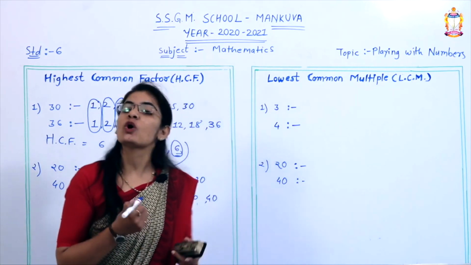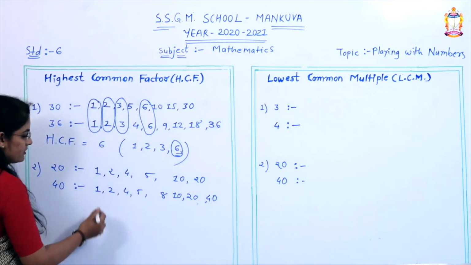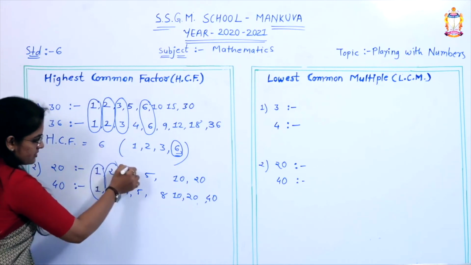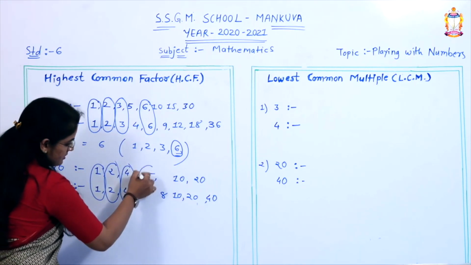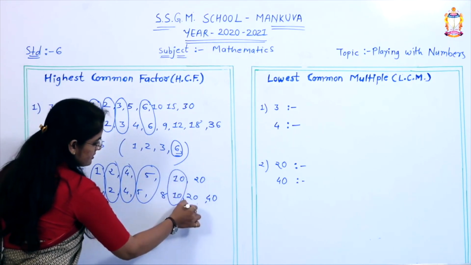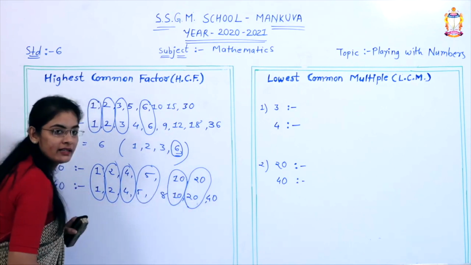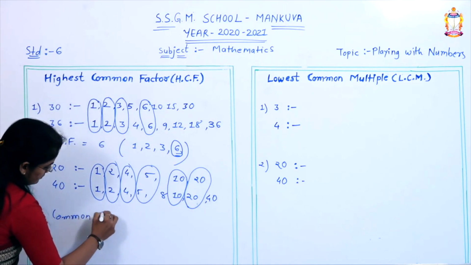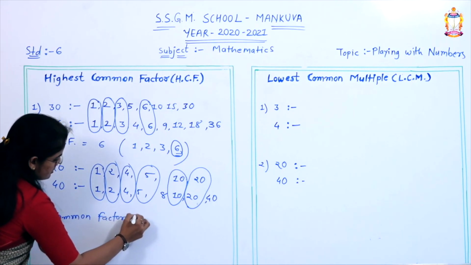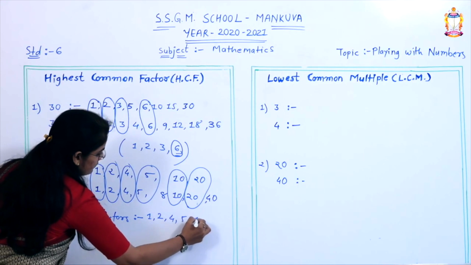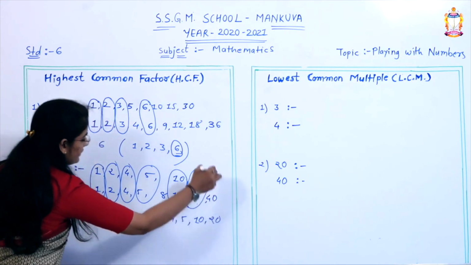So we have to find common factors from these factors. 1 yes, 2 yes, 4 yes, 5 yes, 10 yes and 20, right? So we have to write here common factors: 1, 2, 4, 5, 10 and 20.